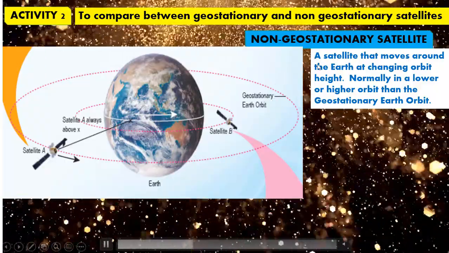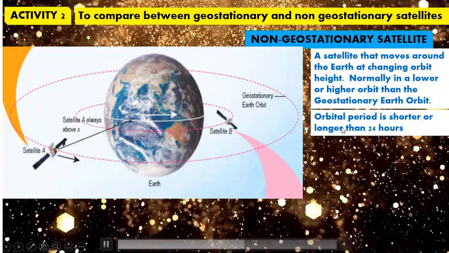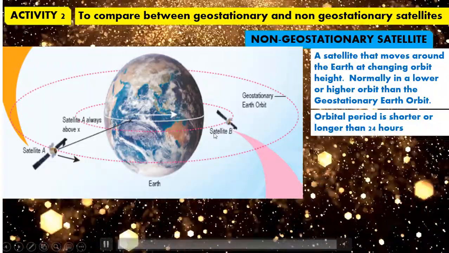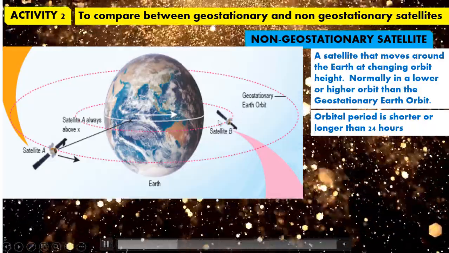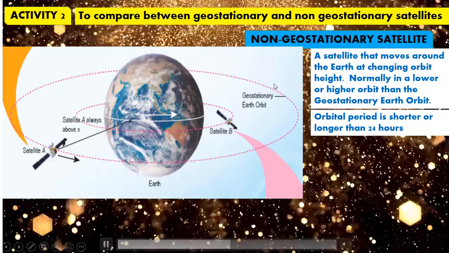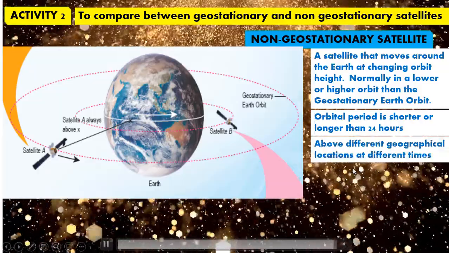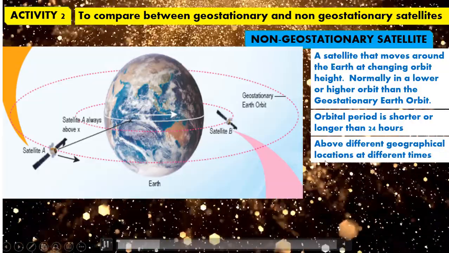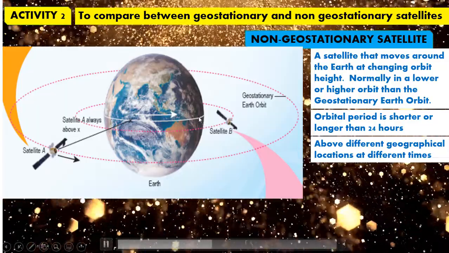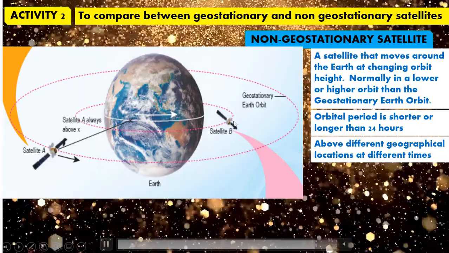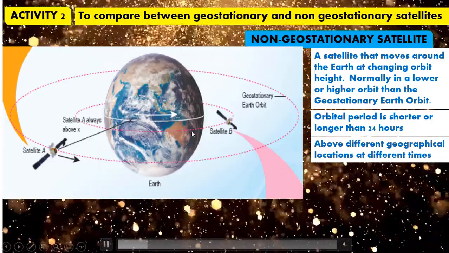The orbital period is shorter or longer than 24 hours. If it's lower, it should be less than 24 hours. If above, it should be more than 24 hours. It is above different geographical locations at different times, so it does not depend on the location on the Earth. It has its own pace to move around the Earth.